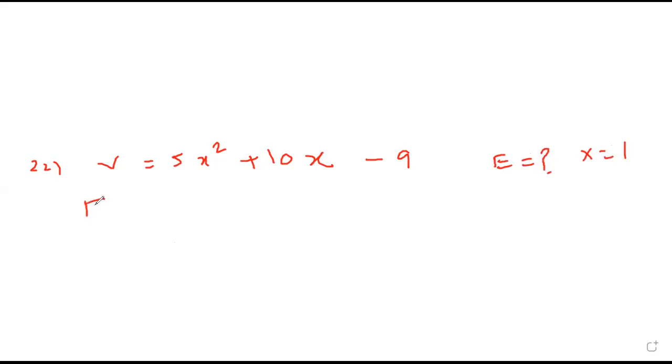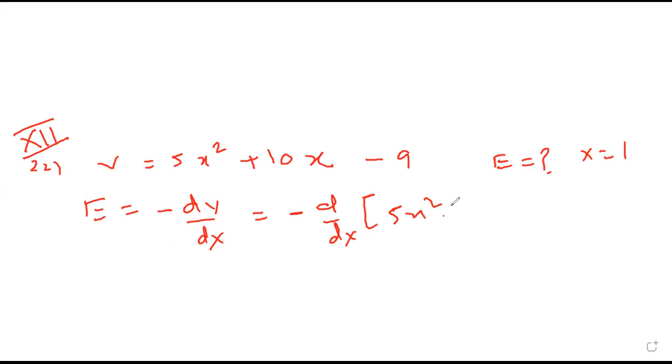So electric field is also given by negative dV by dx. This is the 12th topic, earlier it was in 11th. So just remember, instead of V upon d, I wrote dV upon dx. So it will be minus of d by dx of 5x square plus 10x minus 9.